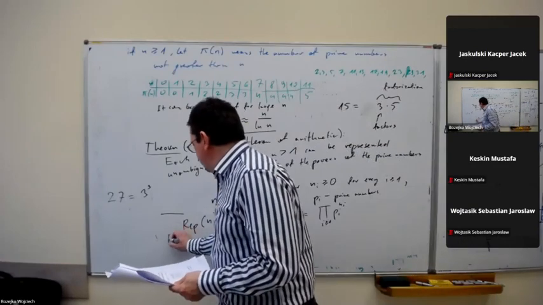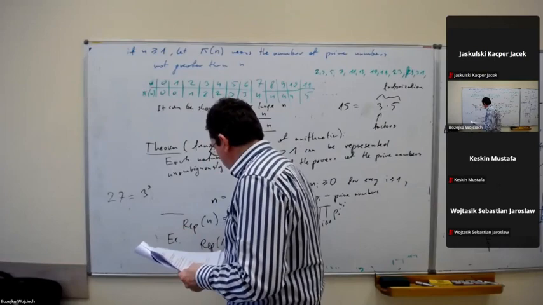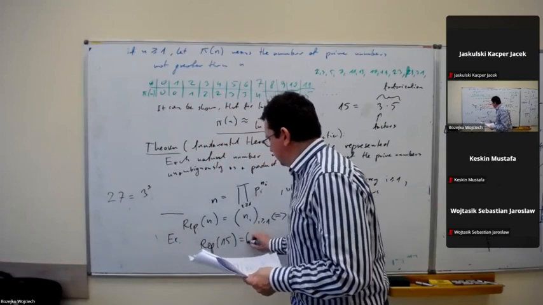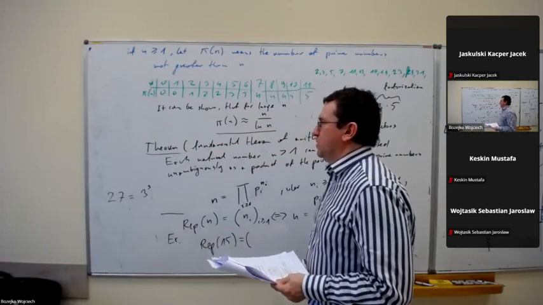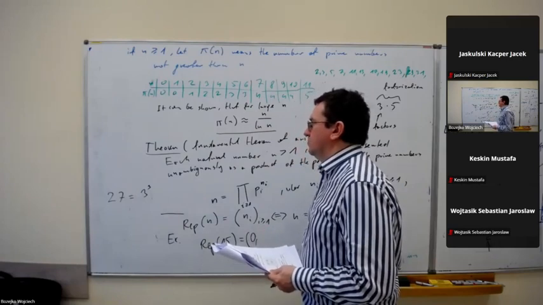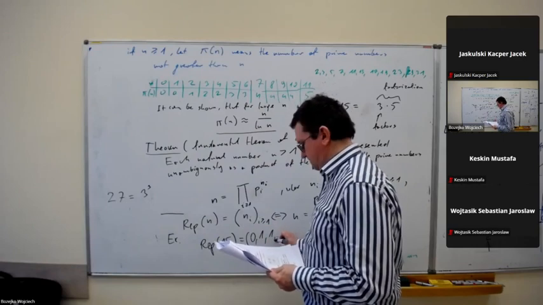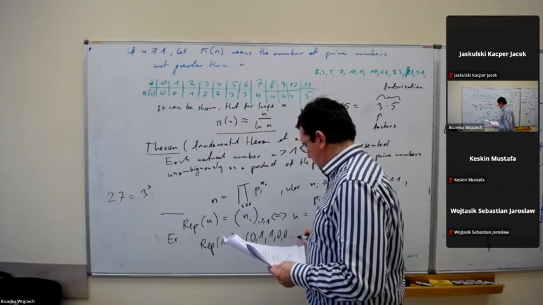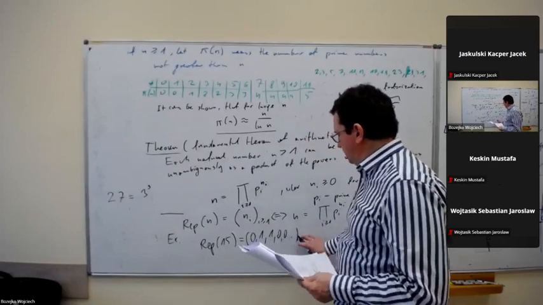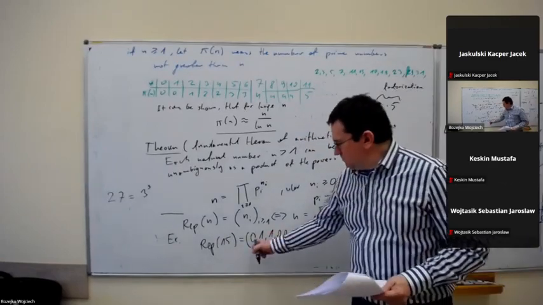For example, if we take 15, we can write that this is 2 to the power of 0, 3 to the power of 1, and 5 to the power of 1. Of course, this sequence is infinite, but here we have prime numbers.